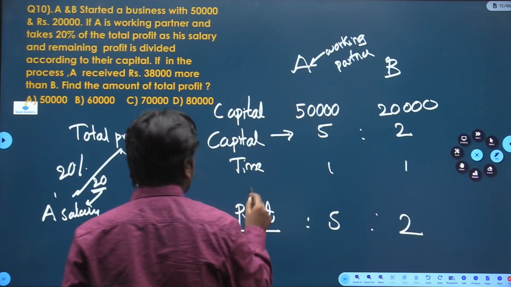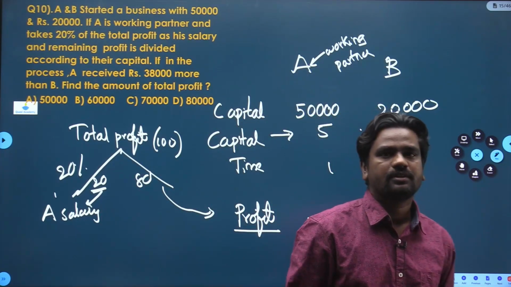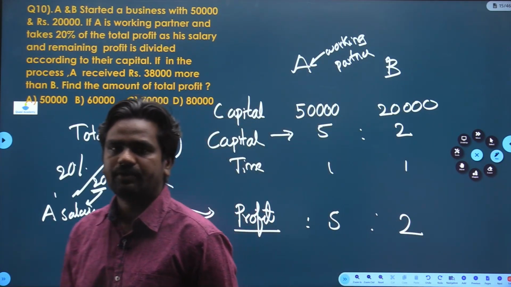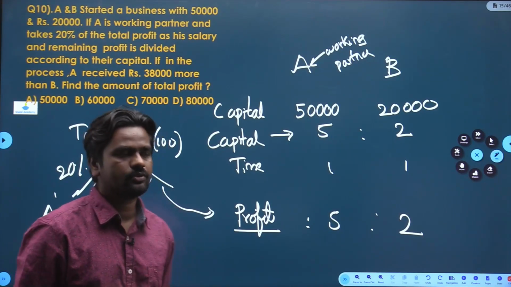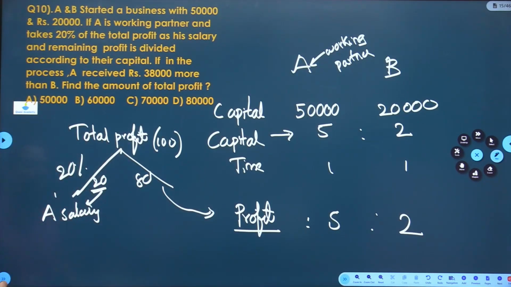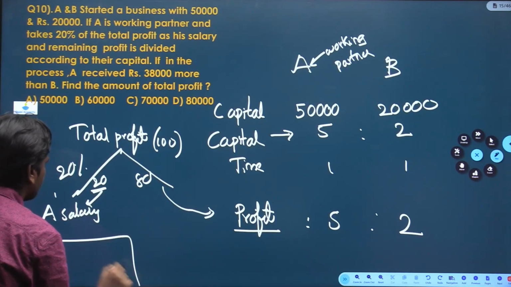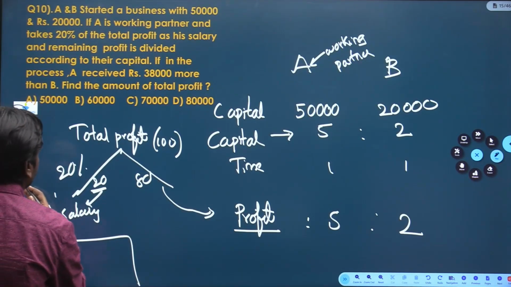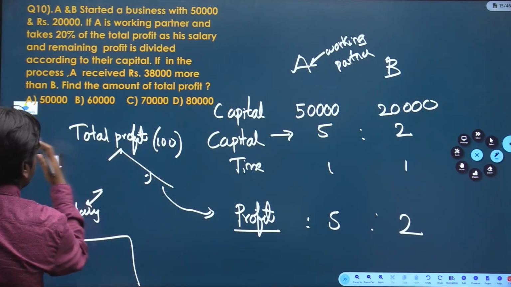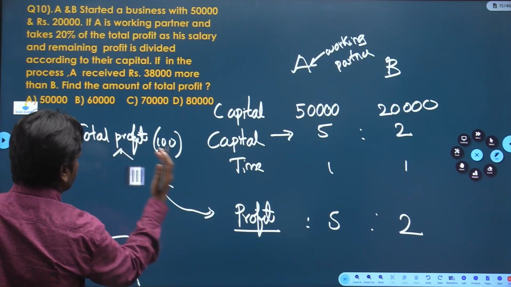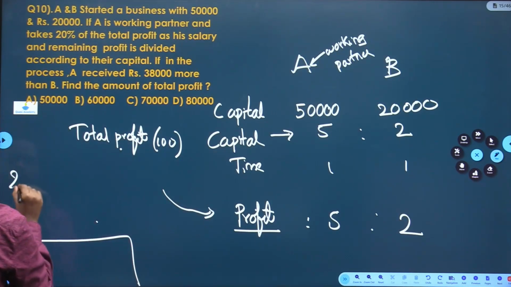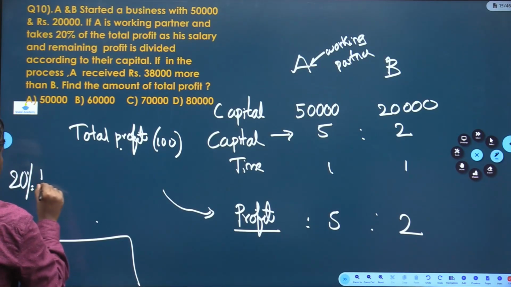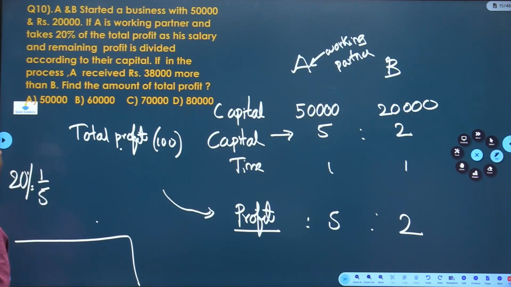We are assuming time is 1:1 because they are there for the entire period, 12 months and 12 months, so the ratio is 1. Now for simplification, 20% is equal to 1 by 5.